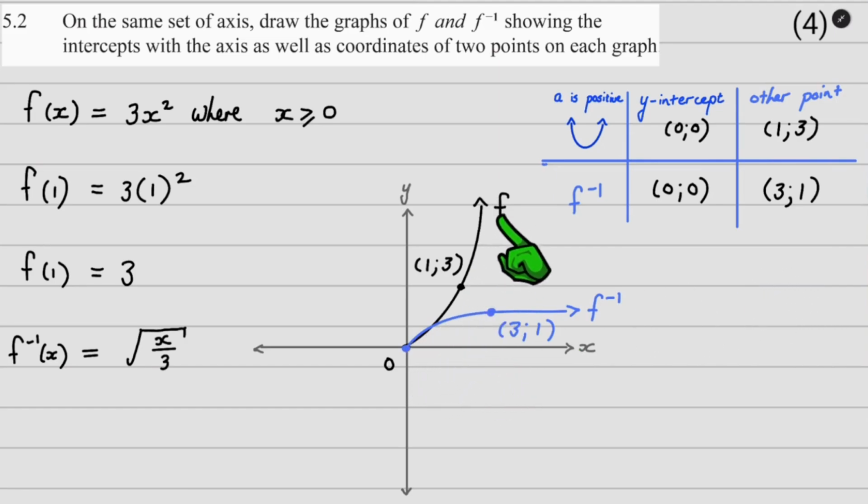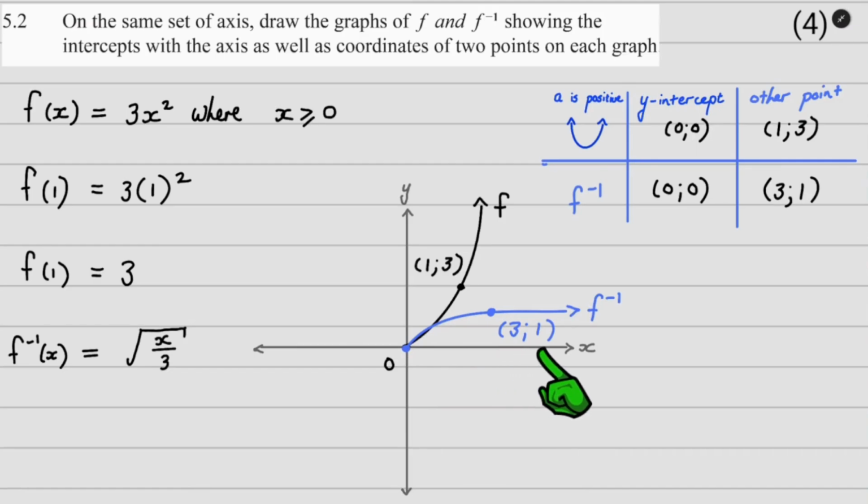Here's f, and here's the inverse, f to the minus 1. And I did show the intercepts with the axes. These things only have one intercept with the axes. I showed it by writing 0 there. And the coordinates of 2 points on each graph. So I do have 2 points on each graph.